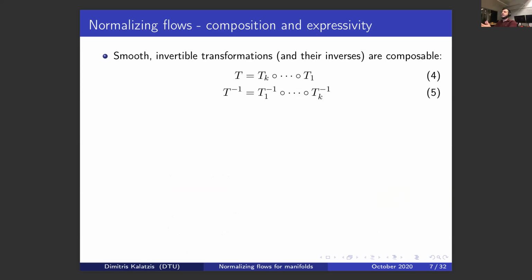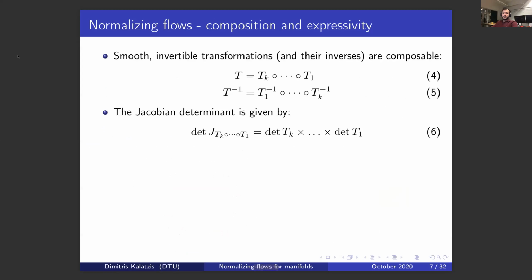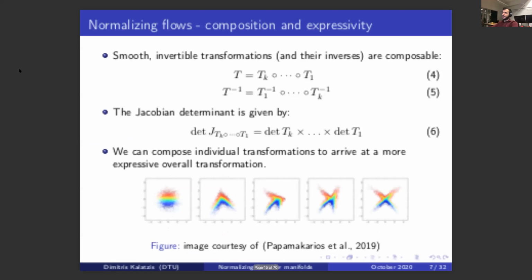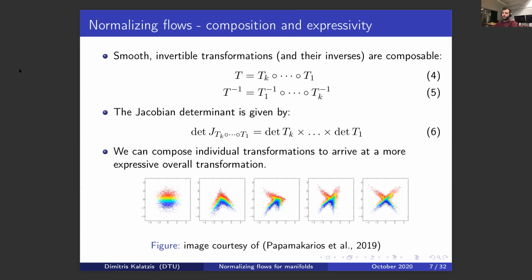Flow models can be composed, as can their inverses. We can easily compute the Jacobian determinant of composite maps simply by multiplying the determinant terms of the individual transformations. As a final note, it is standard practice to form chains of individual transformations to create more expressive overall transformations.